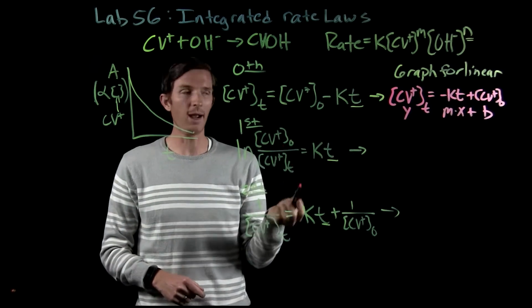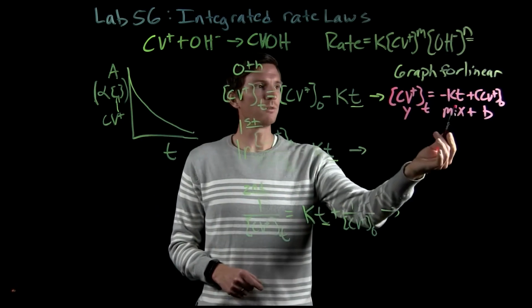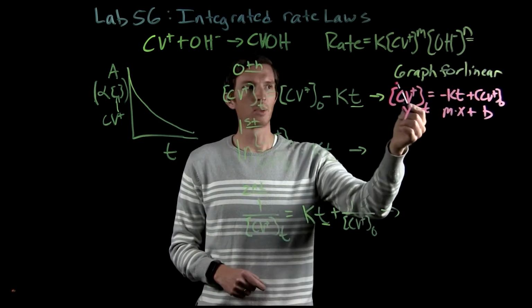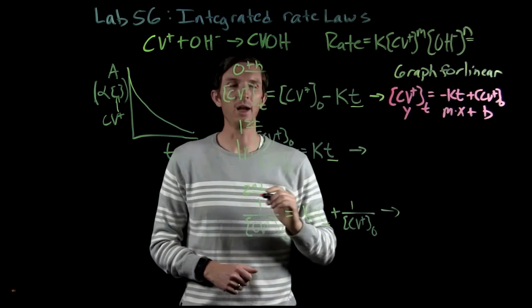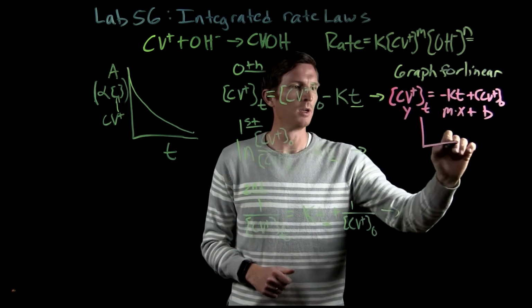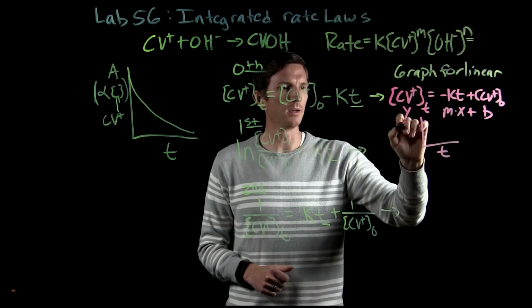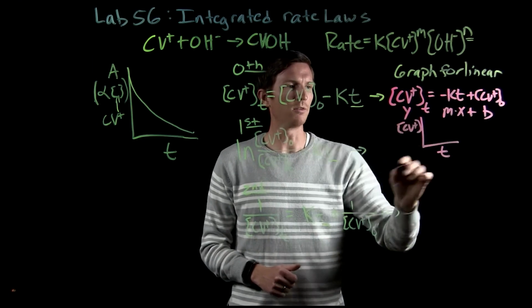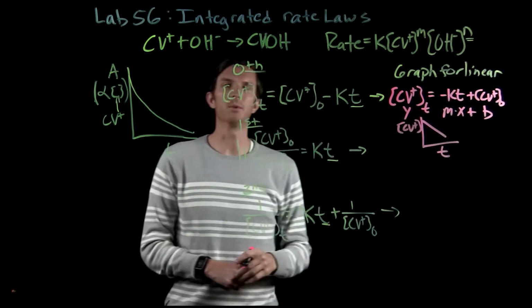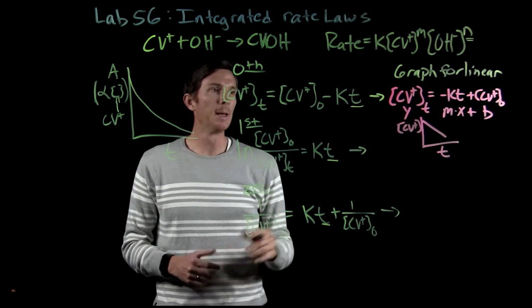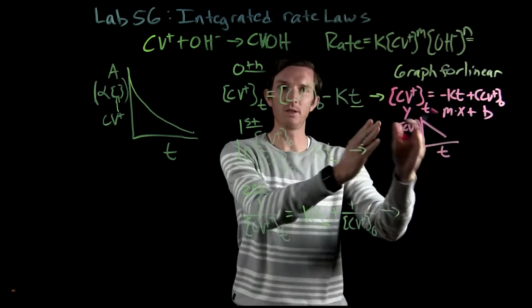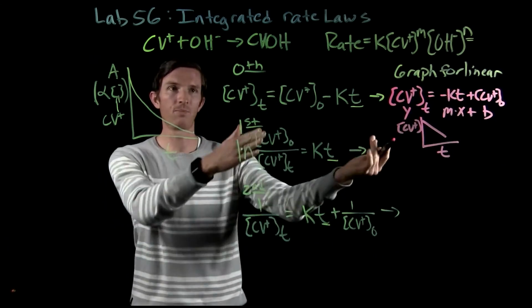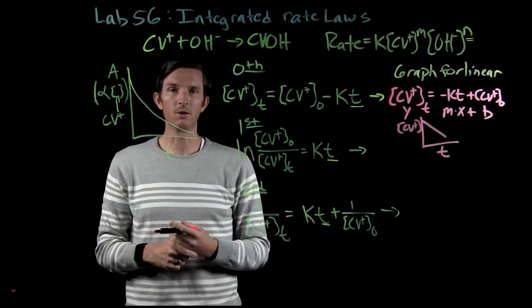So now if we were to graph our crystal violet concentration versus time, we should get a linear graph. We collect our data, we graph those, and we get this linear curve. That tells us our reaction is zero order.